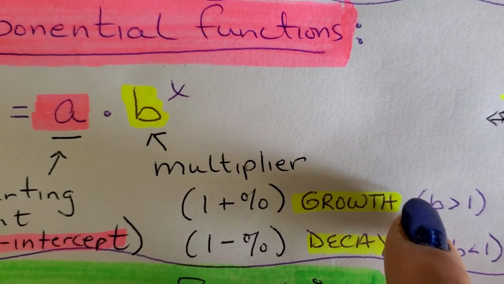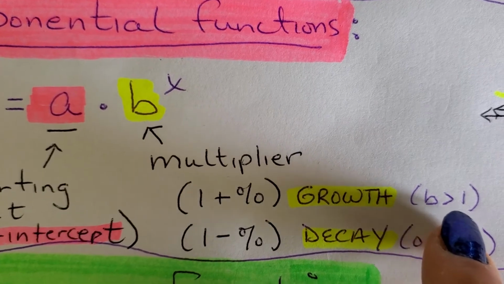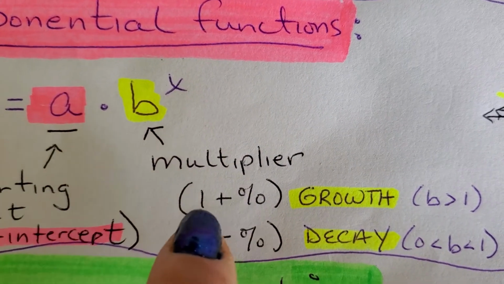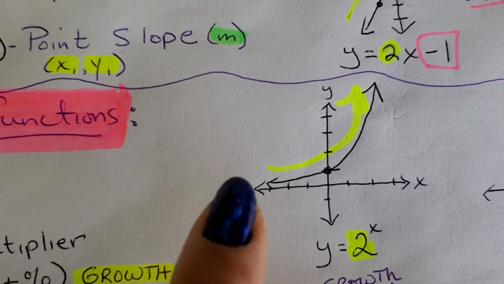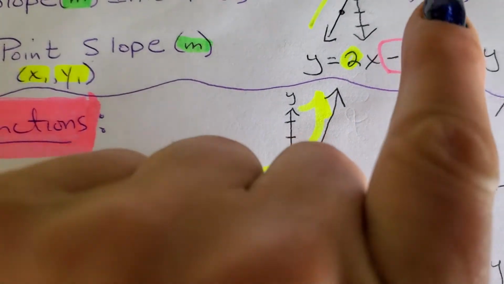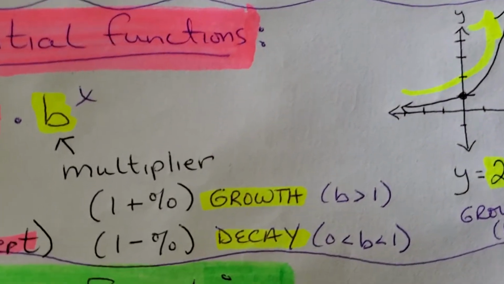And when our b is greater than 1, so 1 point something or 2 or 3, that is a growth function, meaning it starts low and it goes high. So that is a growth function.